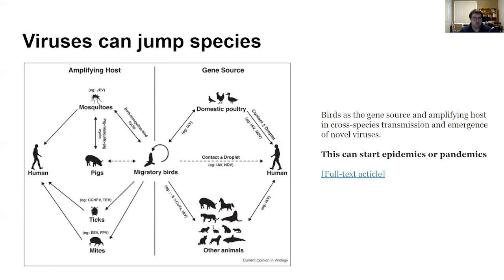And one of the key species that actually spreads viruses around is migratory birds. Because they're able to have quite a large range, and so they can come into contact with things like pigs and other animals. And that can enable those migratory birds to come into contact with domestic poultry, and that can bring them into contact with humans.